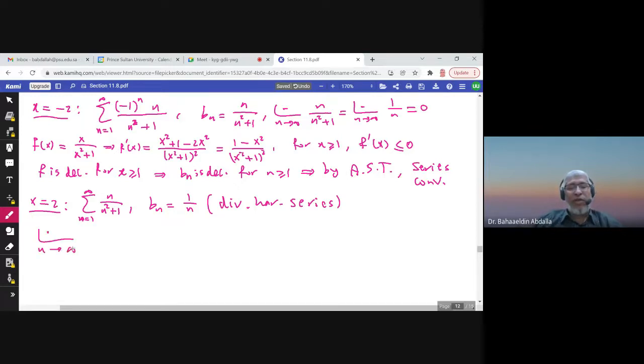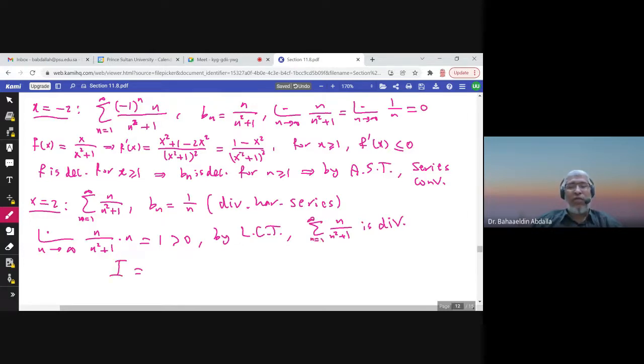So I'll find the limit when n goes to infinity of an divided by bn, or multiplied by the reciprocal, n square over n square, the limit is 1. It's greater than 0. So by limit comparison test, summation n over n square plus 1 is divergent.